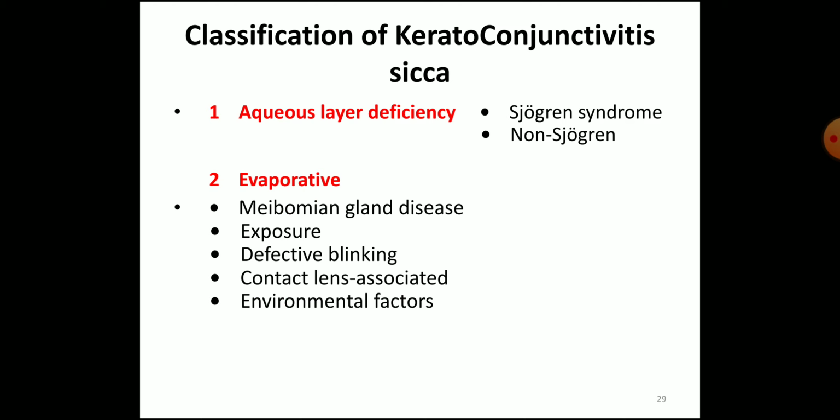That is when the meibomian gland is affected, or when there is overexposure of the eyeball, or defective blinking, that is always open, no blinking, then contact lens associated. Those who are using contact lenses sometimes may develop this type of evaporative keratoconjunctivitis, and then environmental factors are also there.